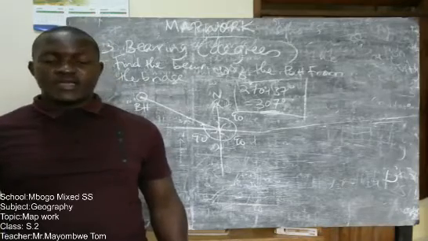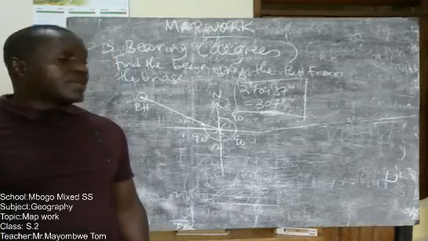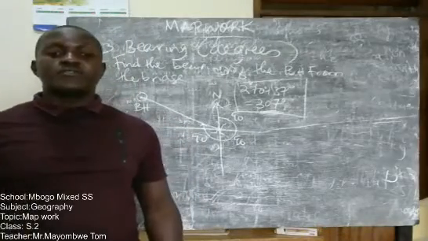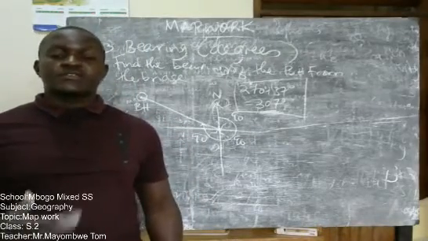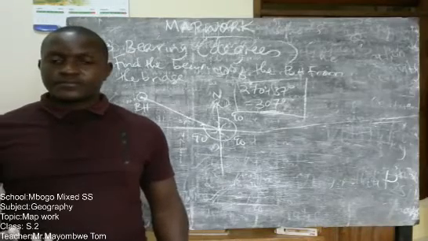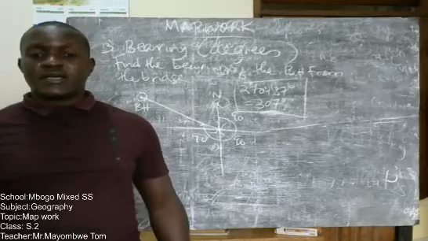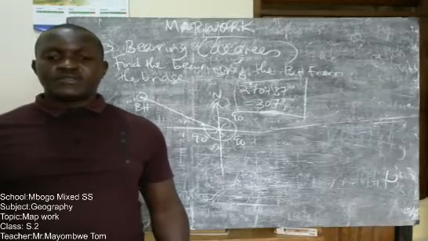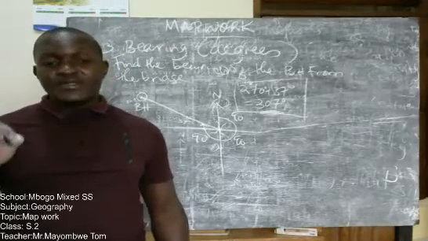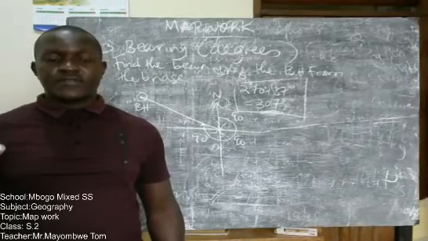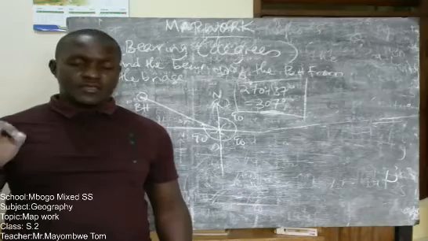Why we put them there is to help you be able to put the features in their relative positions, where the features are supposed to be. Then put a compass, draw the features asked. And these features, after drawing them, you name them inside the frame.